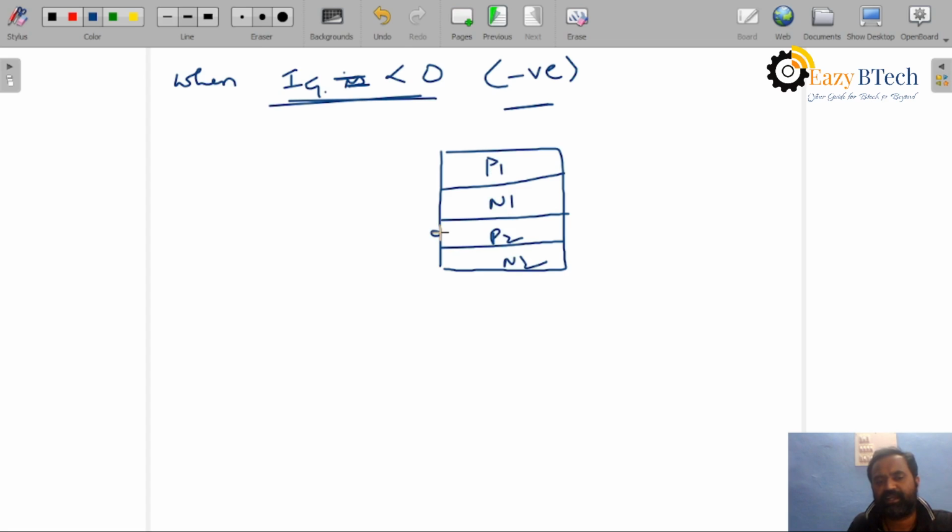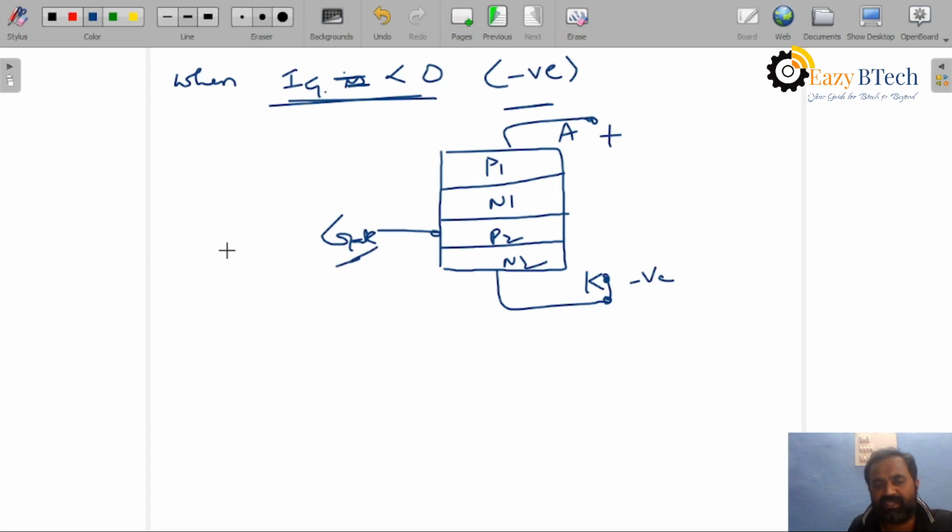It has a gate terminal, a positive anode and a negative cathode. Now what is the second case? When Ig is less than 0.